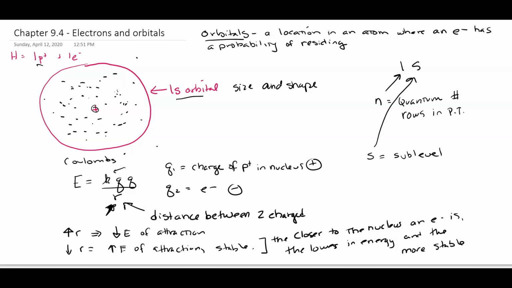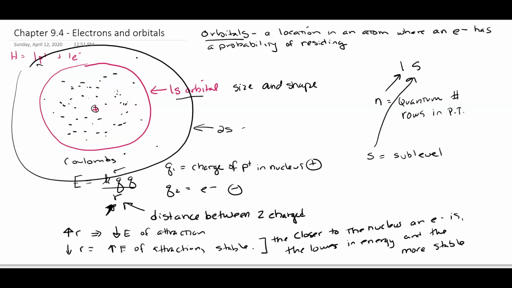It's worth pointing out that on the second row of the periodic table, we start seeing n equals 2. The 2s orbital is also spherical in shape, and that's because it's an s. But it's larger.